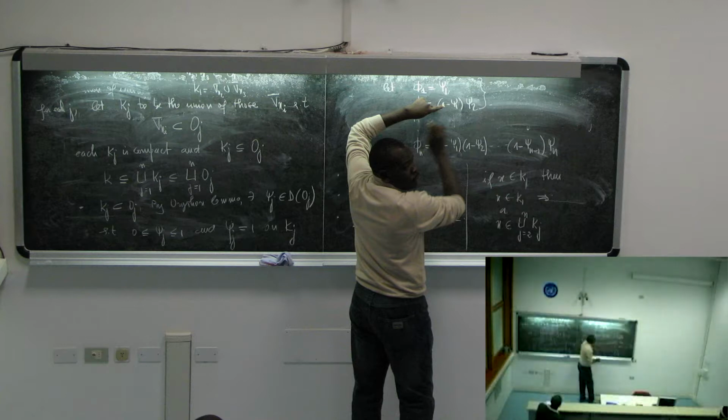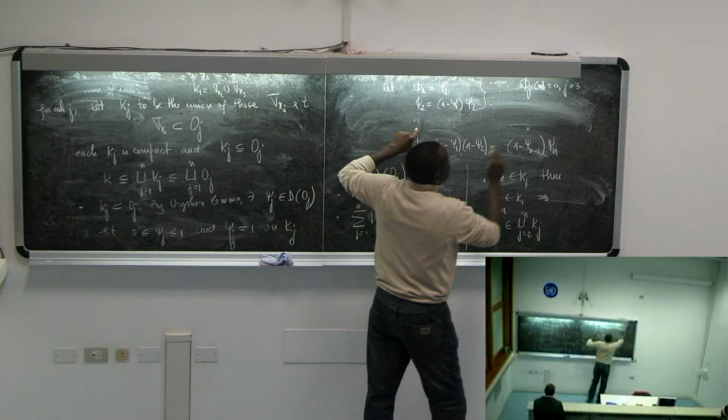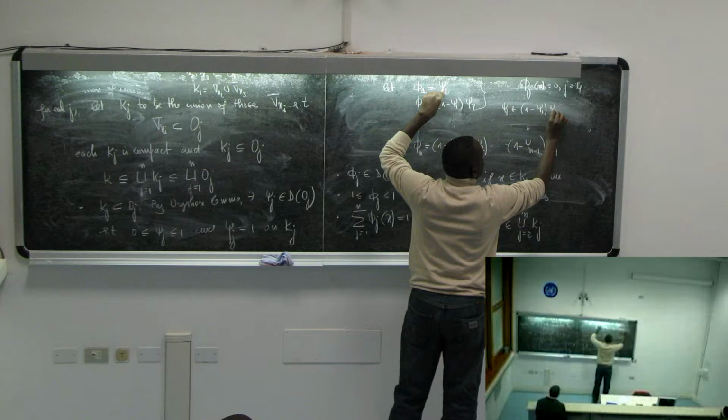If x is in K3, which one will we have? If x is in K3, then psi j of x is equal to 0 for j bigger than 3. So we have psi 1 plus 1 minus psi 1 psi 2, plus 1 minus psi 1, 1 minus psi 2, and psi 3.